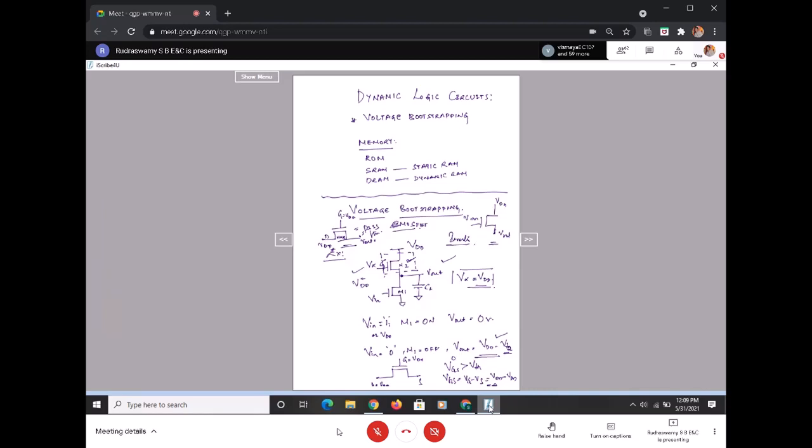This is what we had studied. The minimum VGS has to be VTH. So the source cannot reach VDD if drain is at VDD and gate is at VDD. The source can reach a maximum of only VDD minus VTH. This is just a recap of the pass transistor.